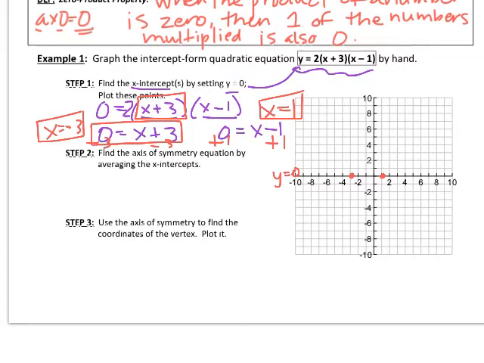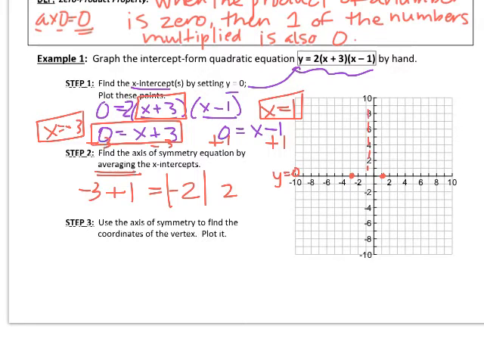All right, the second step: find the axis of symmetry of the equation by averaging the x-intercepts. The word average just means to add them together, so we're going to add together negative 3 and 1 and take the average. So negative 3 plus 1 equals negative 2, and if we take the absolute value of that, that's just going to be 2. So we're going to go 2 units from negative 3, and that is going to be negative 1.